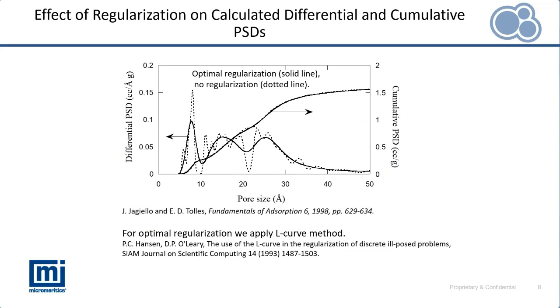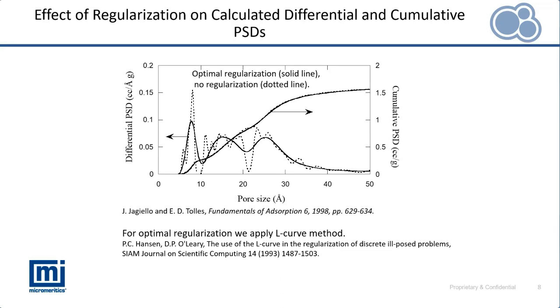The effect of the regularization procedure is illustrated in this graph. In case of no regularization applied for the calculation of the pore size distribution, we would obtain this noisy dotted line shown here. The optimal regularization gives a nice smooth curve shown here as a continuous line. It's not only smooth, but what is important, this solution is stable.